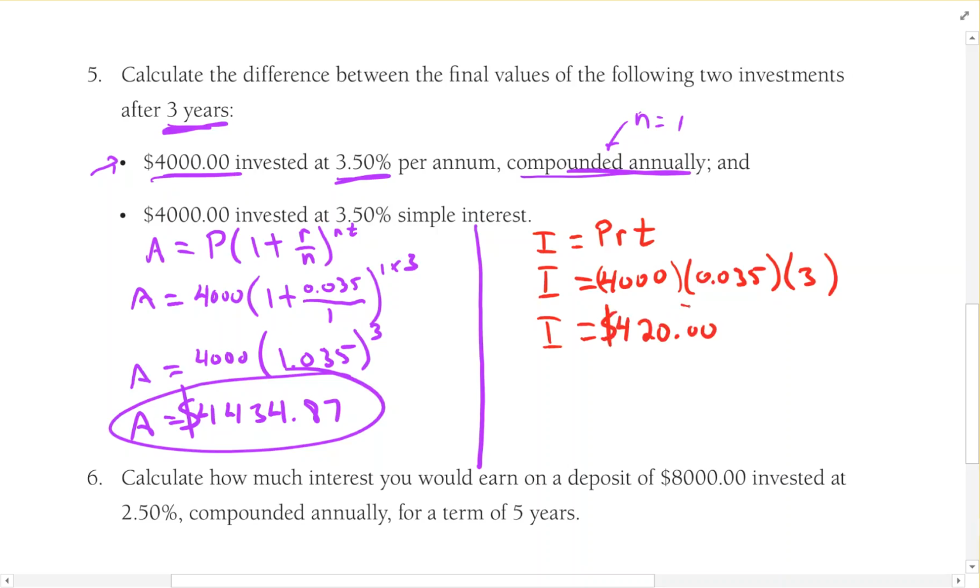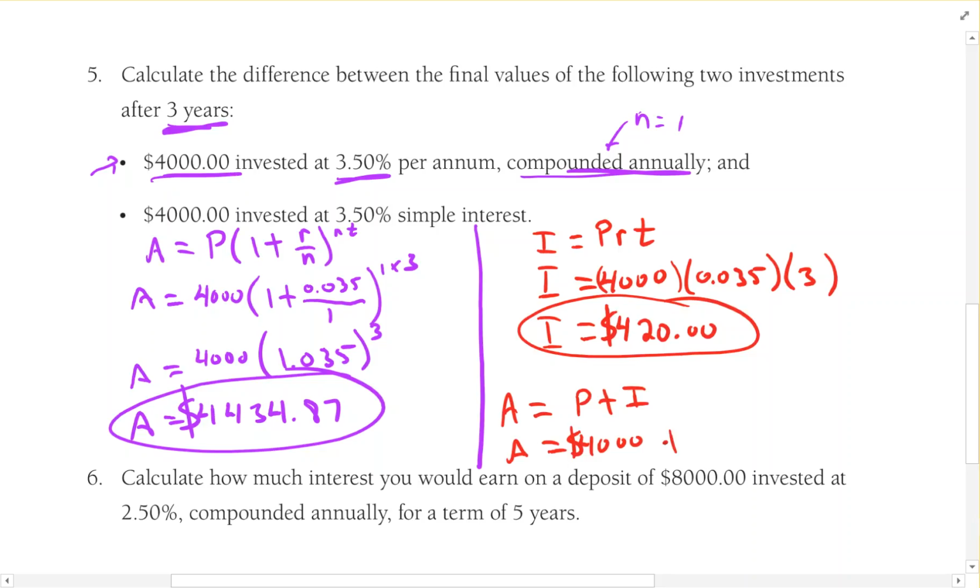But remember, I just need to add that back to my original principal, right? So my total A is going to be equal to P plus I. So A is going to be equal to the principal put down, $4,000, plus the interest I made, which I just figured out was $420. So this is just going to be $4,420.